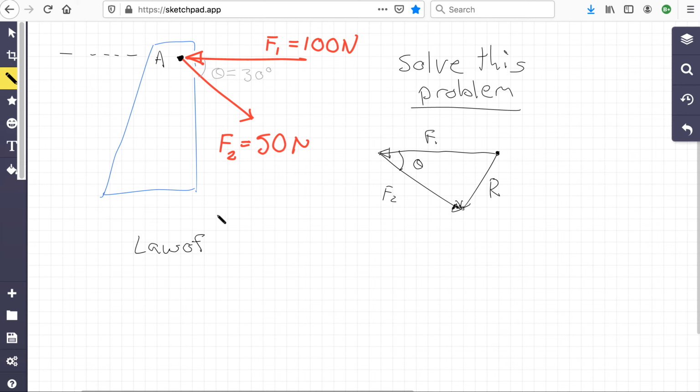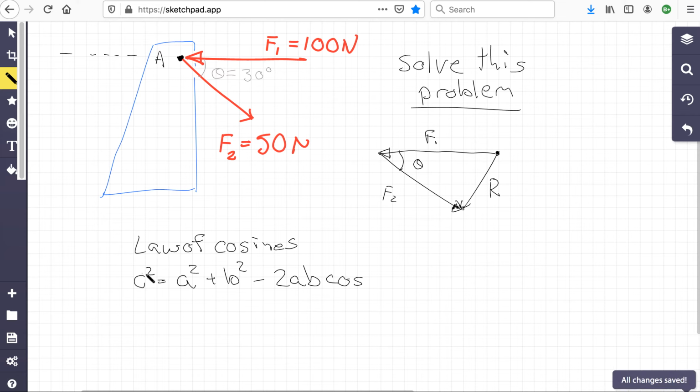It's so useful if we're just trying to figure out the magnitude of R. If we remember the law of cosines, it says c squared is equal to a squared plus b squared minus 2ab cosine of the angle opposite, and let's call this gamma for now. This is the general equation.